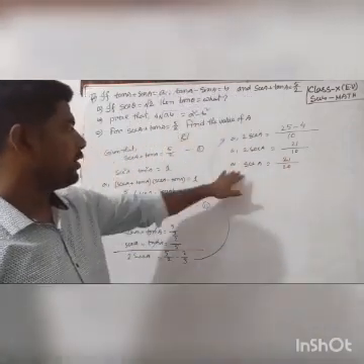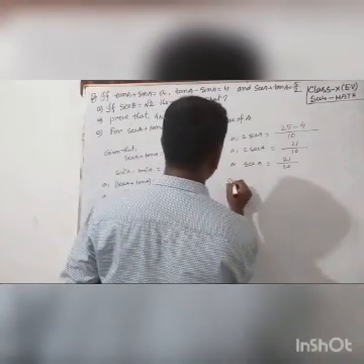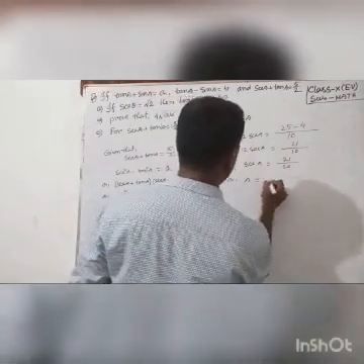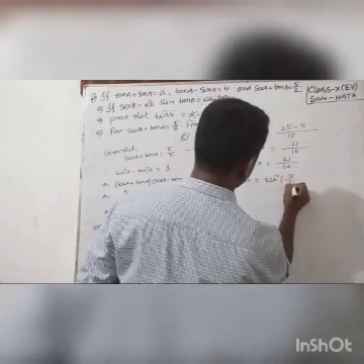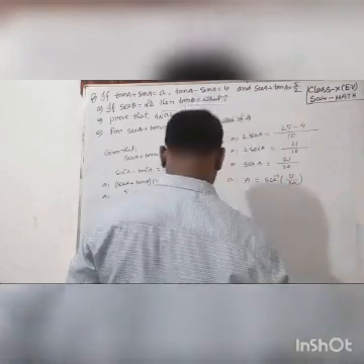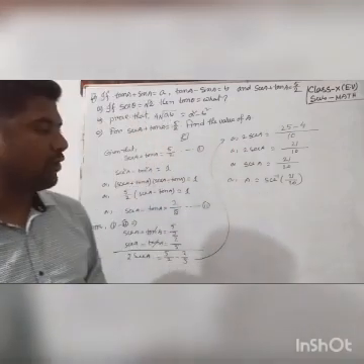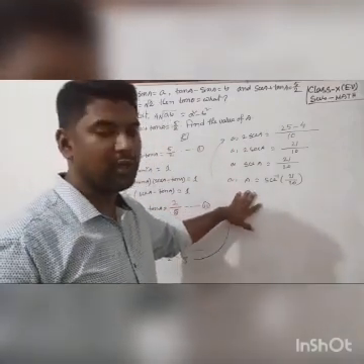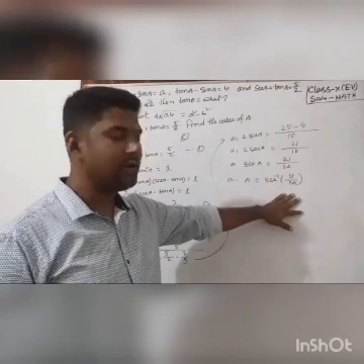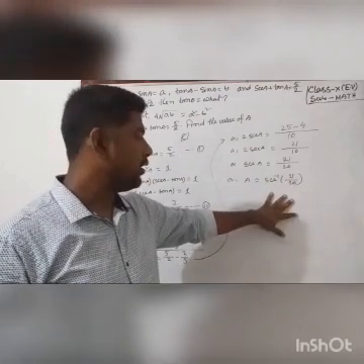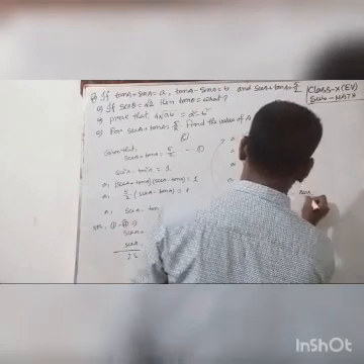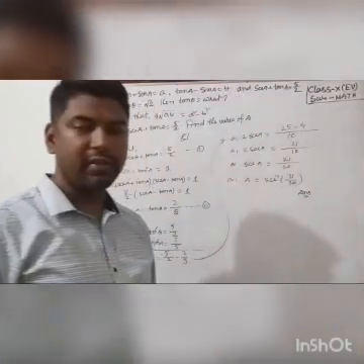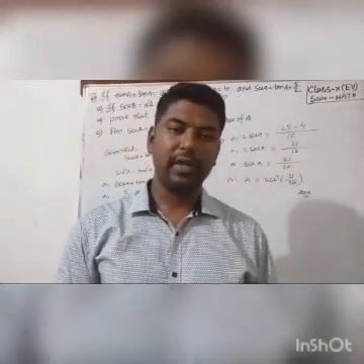Now we can write a equal sec inverse 29 by 20. At last we find out the value of a equal sec inverse 29 by 20. Okay, this is answer. I hope everybody understand these creative questions. Thank you everybody.